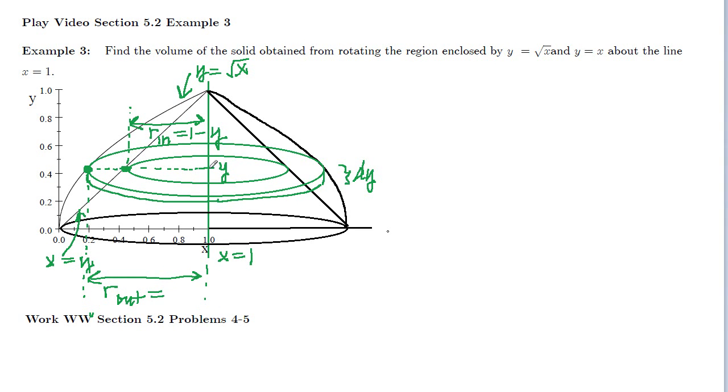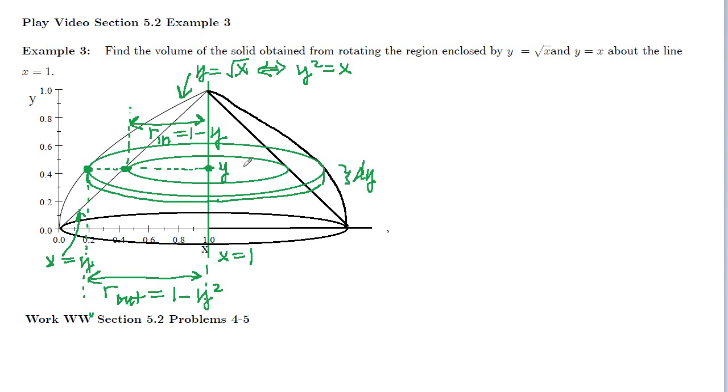The right-hand side is at the line x equal 1, and the left-hand side is y equal root x, which is equivalent, if you square both sides, to y squared equals x. So if we take the difference of the two x coordinates here, that's going to give us the distance from the line x equal 1 out to x equal y squared. So this is going to be 1 minus y squared.